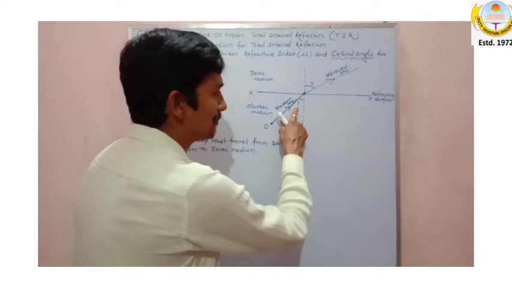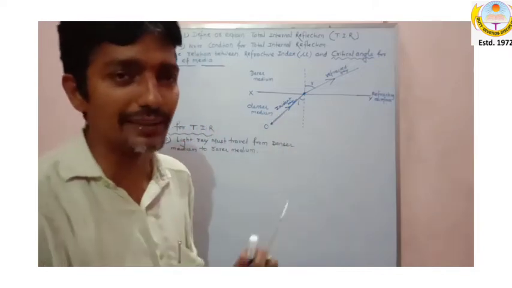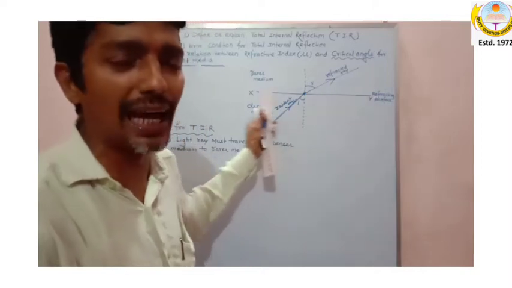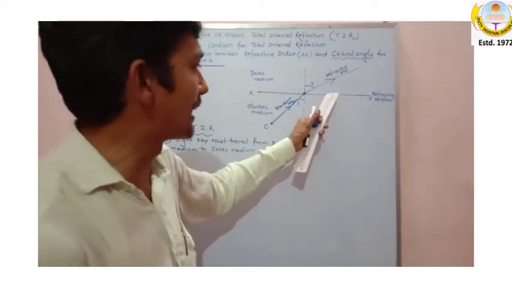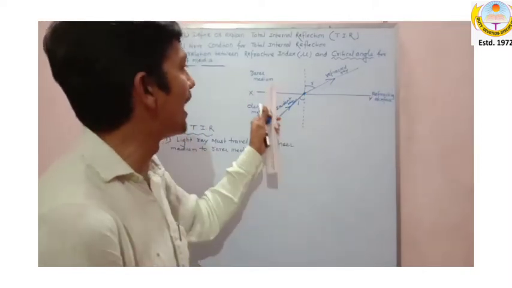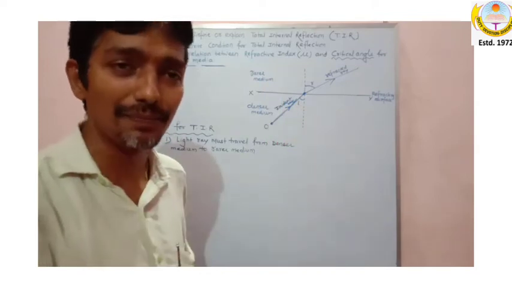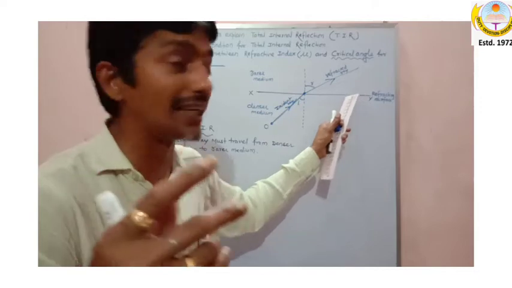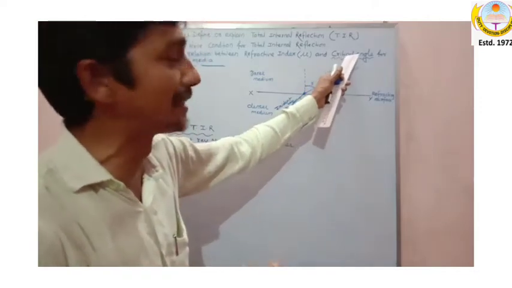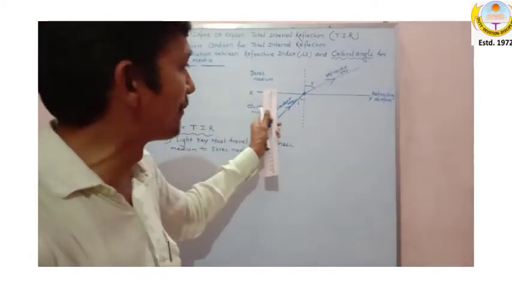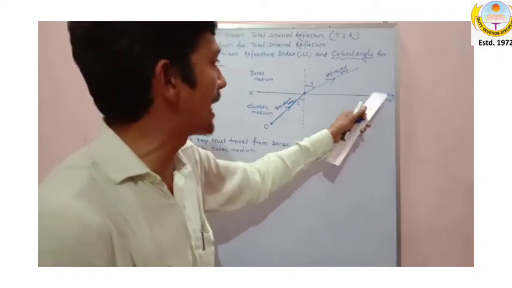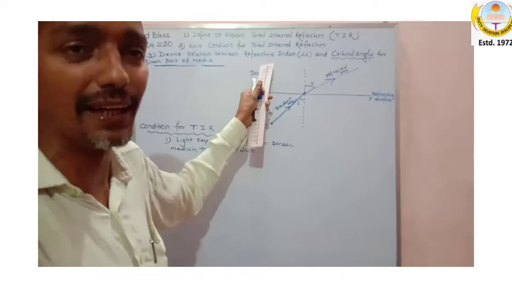Here, my dear, before I go to the concept, try to understand. This refracting surface which I have drawn has a critical angle for the given pair of media. And what is the refracting surface? The refracting surface separates the two media.